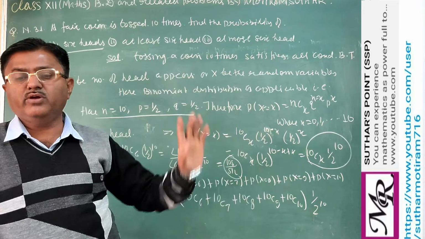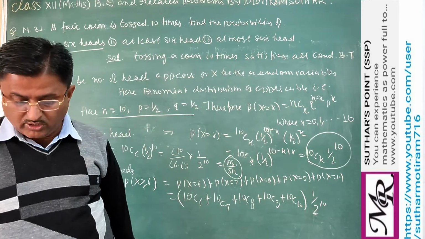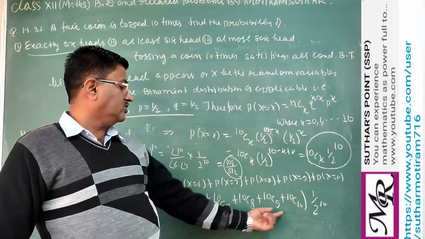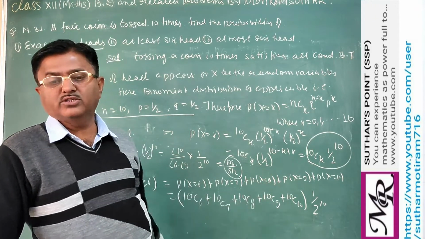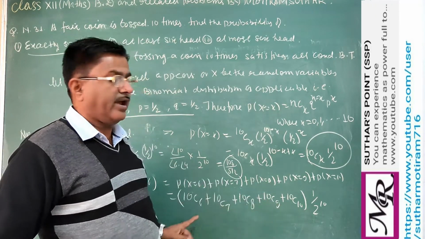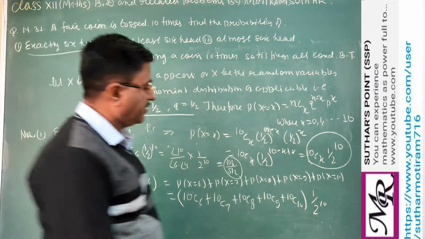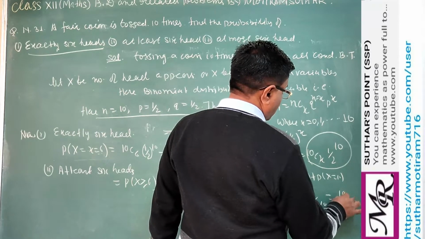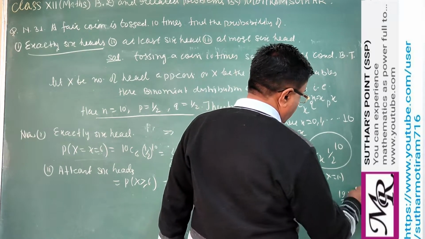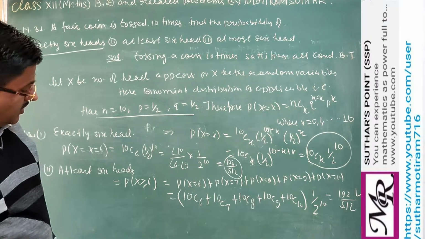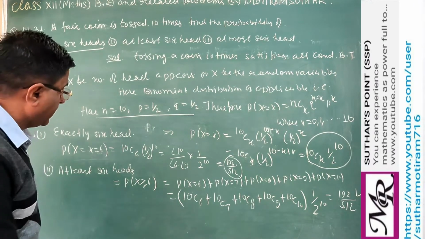So that's why we are taking 1 by 2 power 10 common throughout. Clear? So now you can easily solve this by using the combination formula, इसको आप combination से solve कर लोगे, and add them. That will give you finally 193 upon 512. Clear?